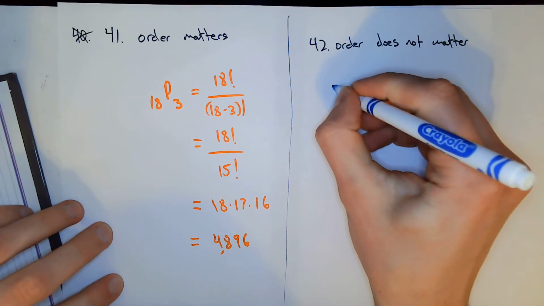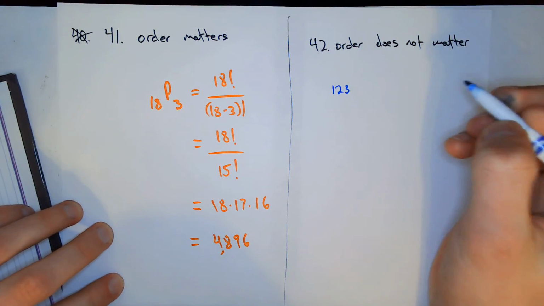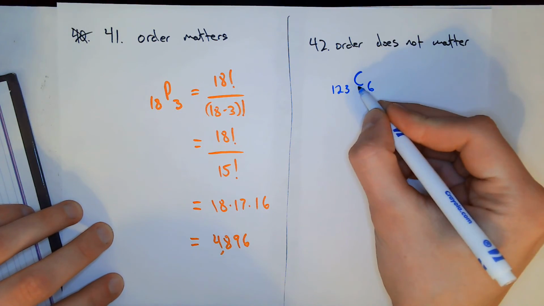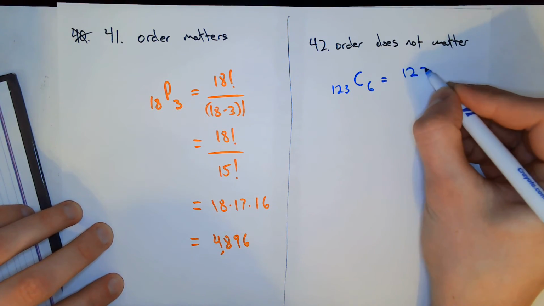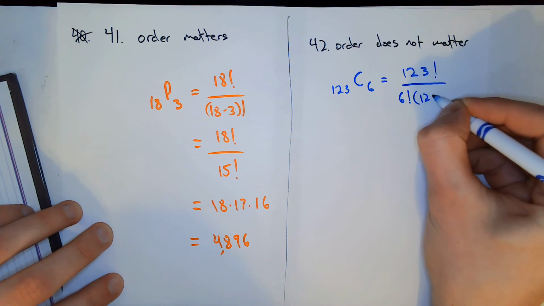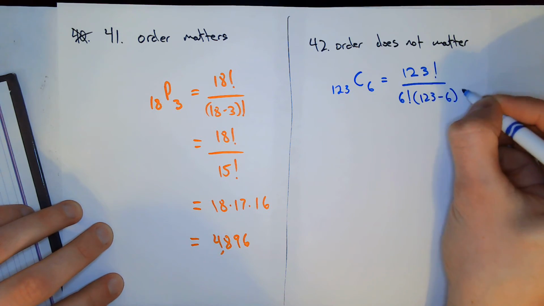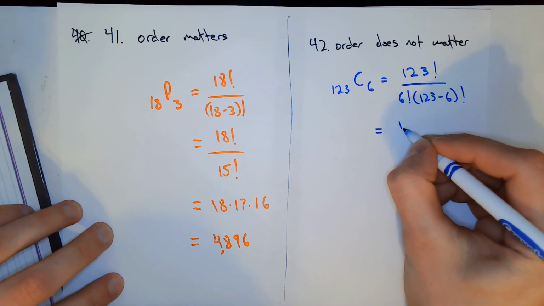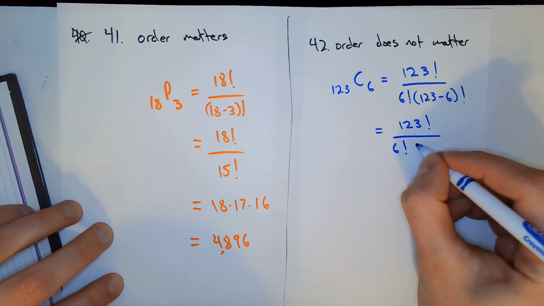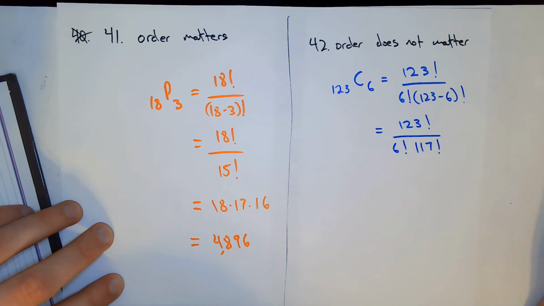So we're going to have 123 because there's that many students to pick from, combination 6 because order does not matter. That's why I'm using a combination. It's going to be this. There we go. 123 minus 6 is 117.